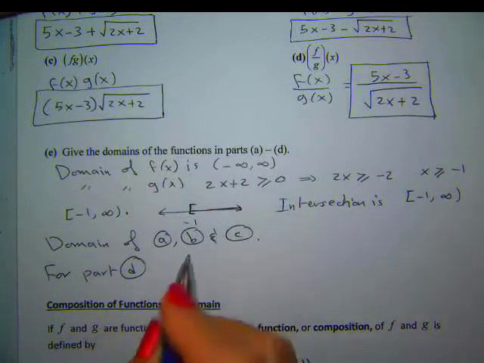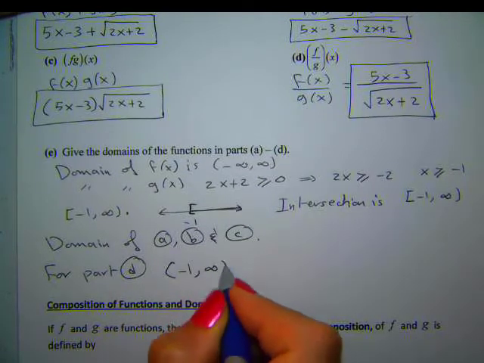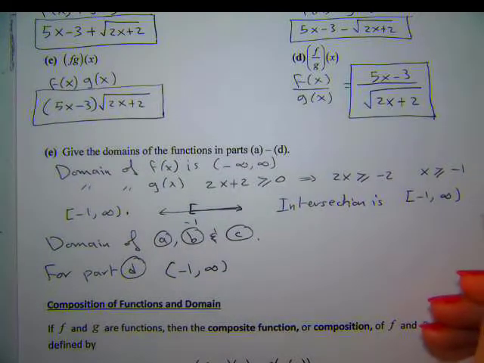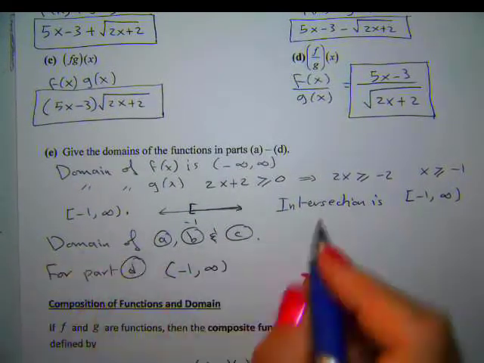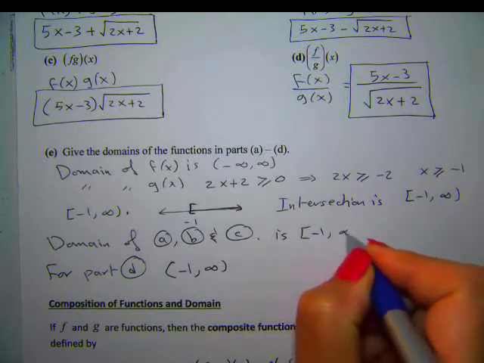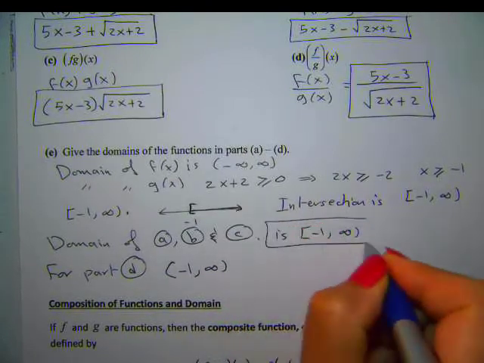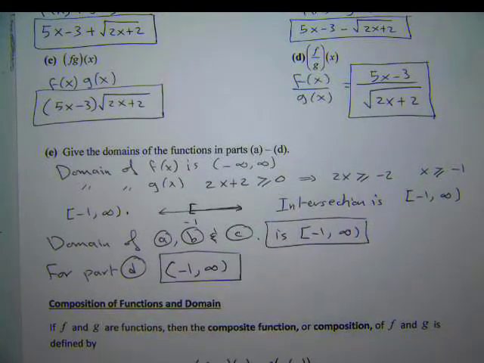So the domain for D is open negative 1 to infinity. Okay, I did not write: the domain is negative 1 to infinity, and for D is the open negative 1 to infinity.